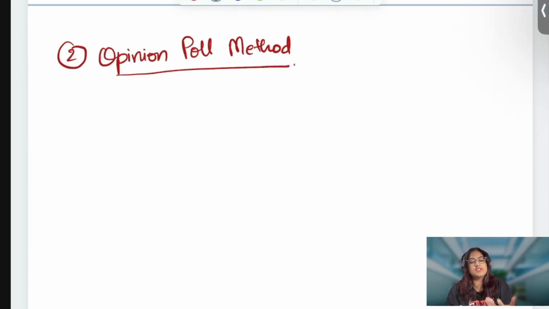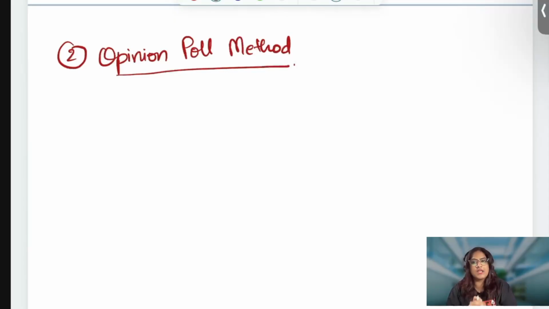So the market conditions in this scenario are very uncertain. So in this situation, you will go for professional judgment or expert opinion about how the product will work in the market. So here also there are different types of opinion poll method.